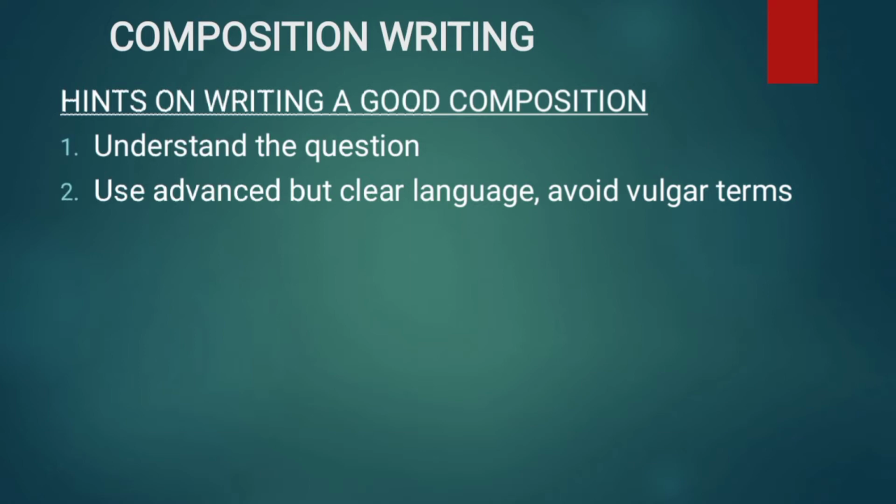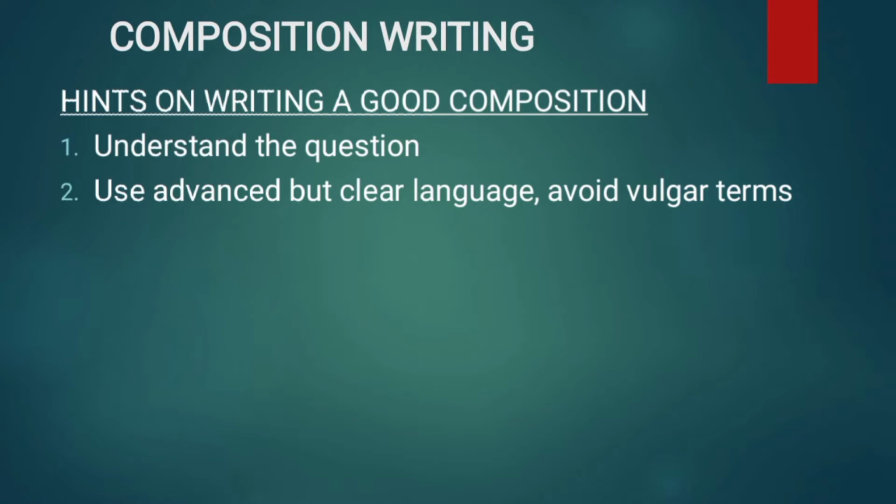Secondly, use advanced but clear language. Avoid vulgar terms. It should be advanced, but it should be clear. Avoid bombastic words. Paucritudinous. In the exam, you write paucritudinous. So you are giving the examiner the job of looking for a dictionary to see what you mean by that word.